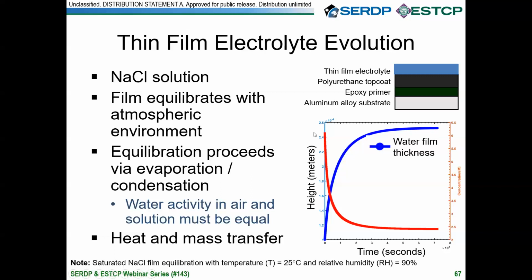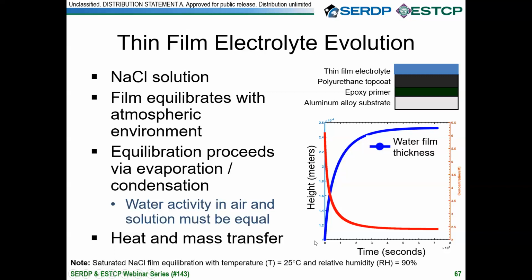So this little red line is where our electrolyte formed. It's 6+ molar sodium chloride. But if our environmental conditions, in our case for this model, the relative humidity was 90% and 25 degrees C temperature, that's not stable.